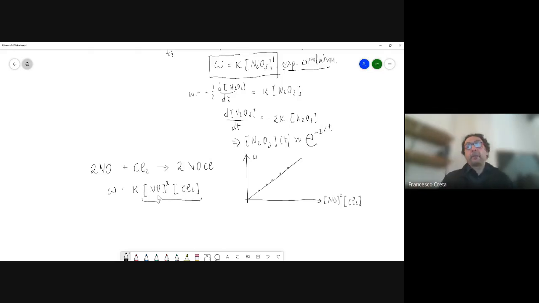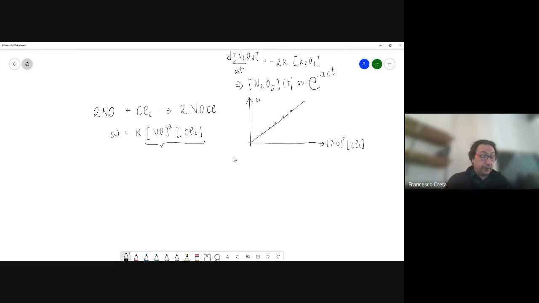So in general, my theory could be generalized by saying, given the generic process that we saw before, A plus B, etc., giving some products, the rate of reaction can be expressed as some sort of rate constant. I just am not able to write with this.